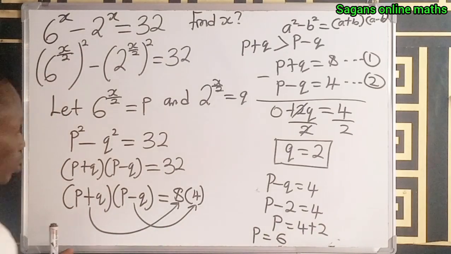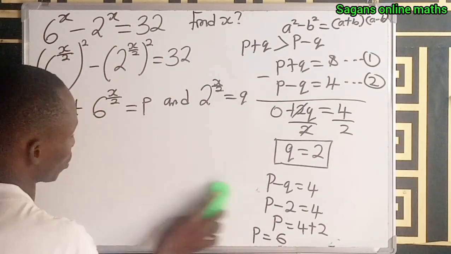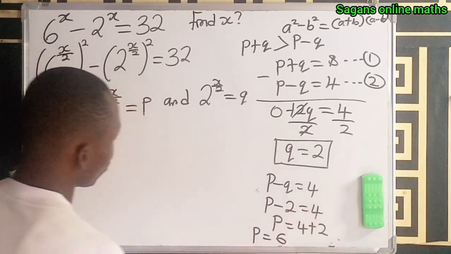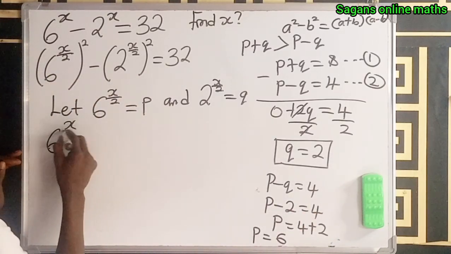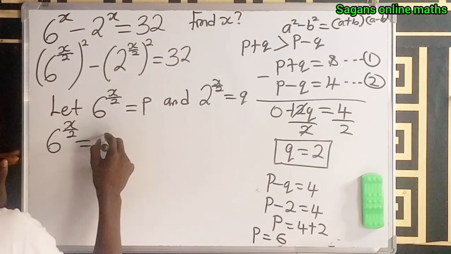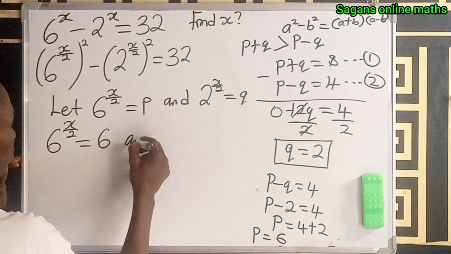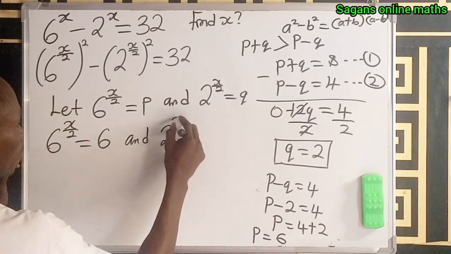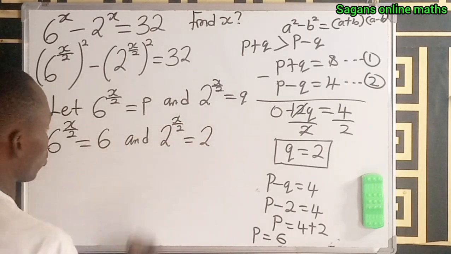Wow. Now that we have gotten the values of p and q, we can find our value of x. Let's remember that 6 to the power of x divided by 2 is equal to p, which is 6, because our p is 6, and 2 to the power of x divided by 2 is equal to q. Our q is 2.